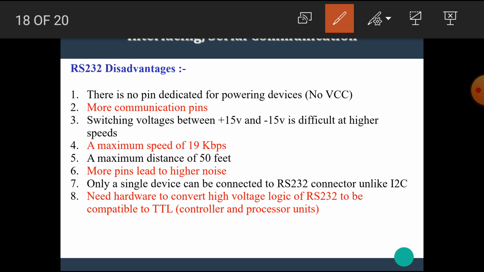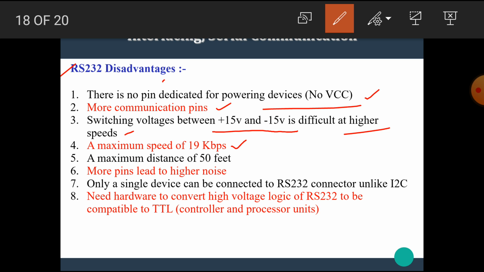Let's see the disadvantages of the RS232 standard. There is no pin dedicated for powering a device, that means no VCC pin is available. More connection pins are required in the RS232 standard. Switching voltage between plus 15 volt and minus 15 volt is difficult at higher speed, and the maximum speed of 19 kbps is very slow.